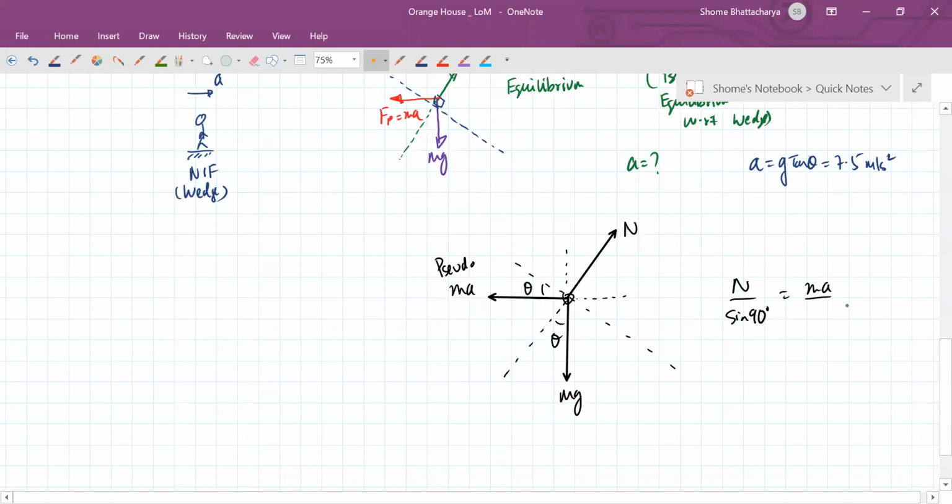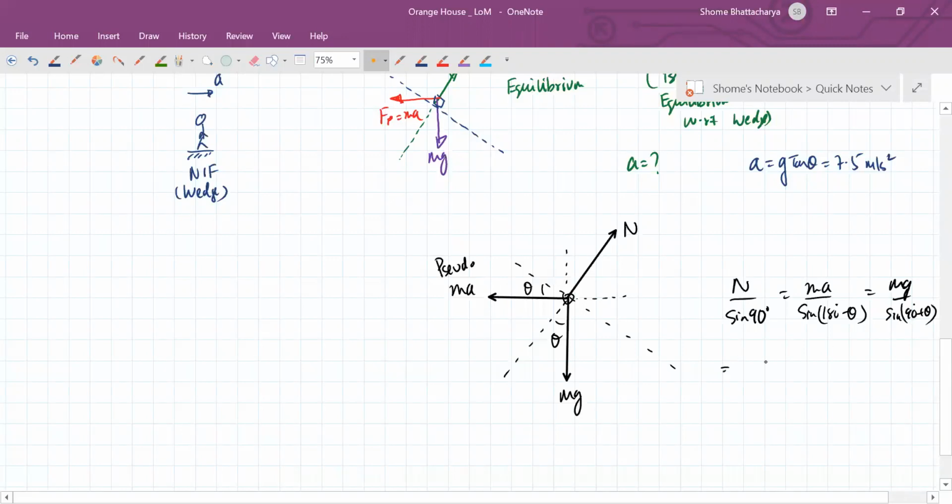This angle is how much? It is 180 minus theta, and that is equal to mg upon, opposite to mg you have this angle, which is 90 plus theta.